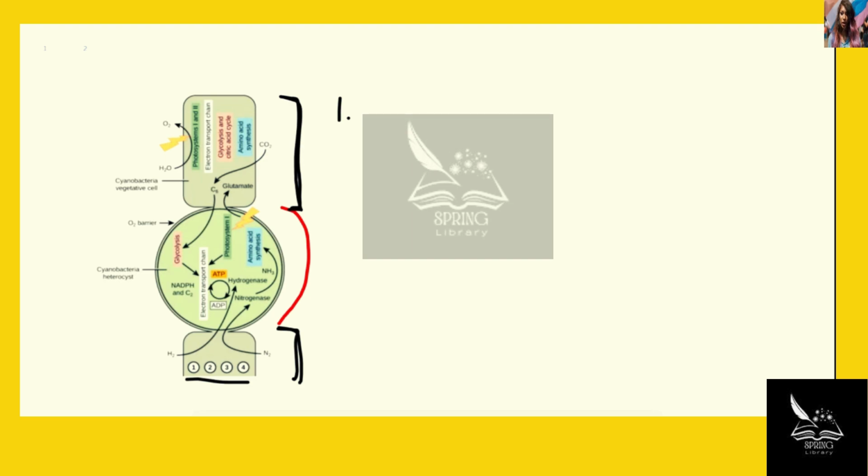The first thing we can see here is that while the active cell brings in the carbon dioxide, it's only putting carbon into the heterocyst. So it's doing two things here. First of all, it's putting carbon into the heterocyst, okay?